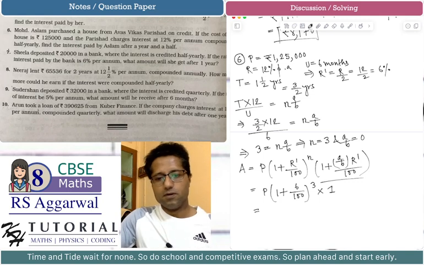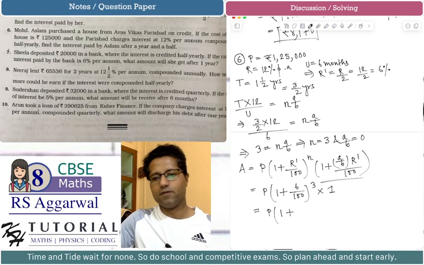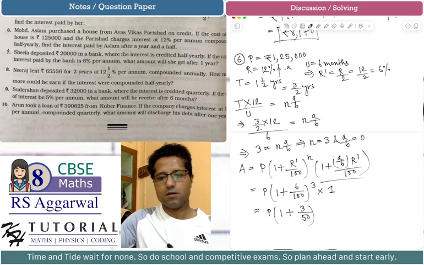So this is equal to P times 6 by 100, which when simplified becomes 53 by 50 cube.